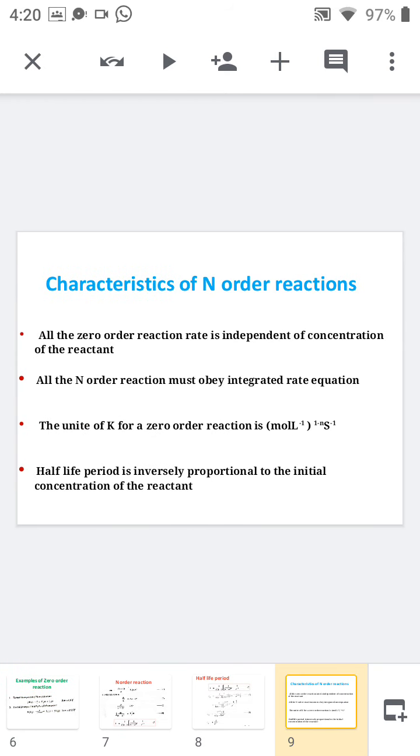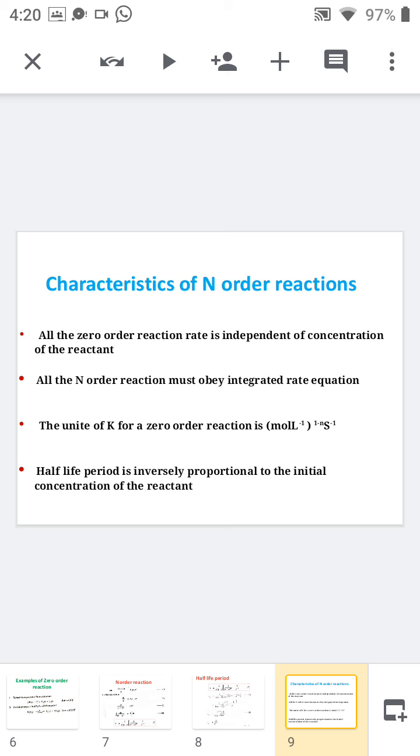Now we are moving into the general characteristics of the nth order reaction. All nth order reactions depend upon the initial concentration of the reactant molecule, and all nth order reactions must obey the integrated rate expression.